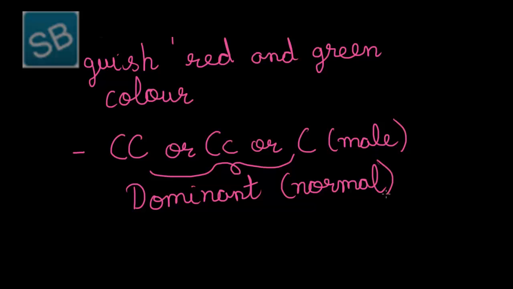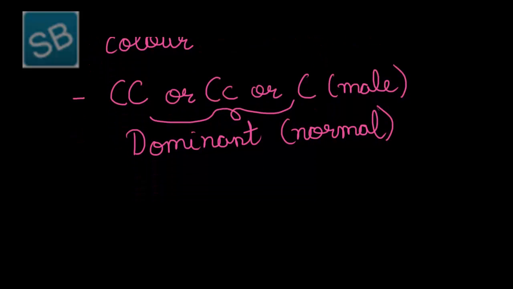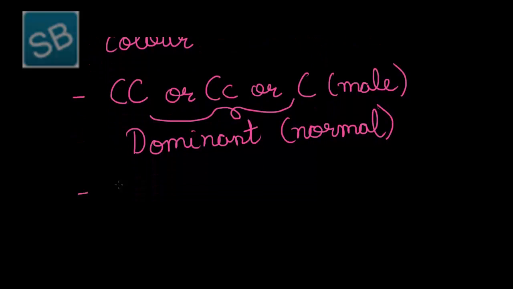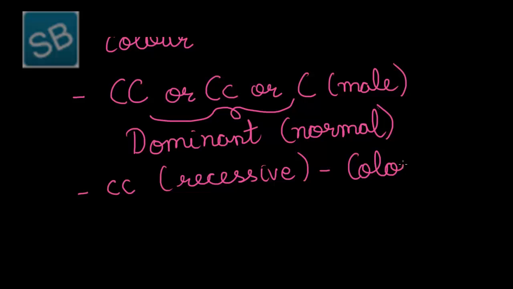But if a recessive gene occurs, like small c, it represents the color blind person, that is the person who suffers from color blindness.